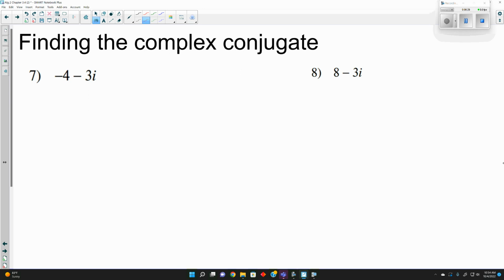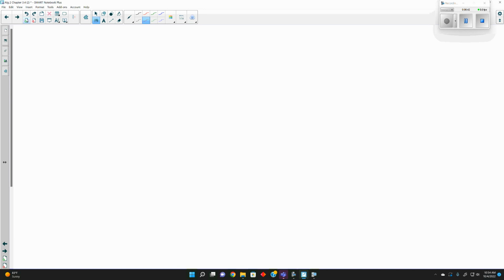So negative 4 minus 3i would be negative 4 plus 3i, and 8 minus 3i would be 8 plus 3i. I'm going to throw another one up here. What would the complex conjugate of negative 9i be? 9i. All right, ready for a tricky one?